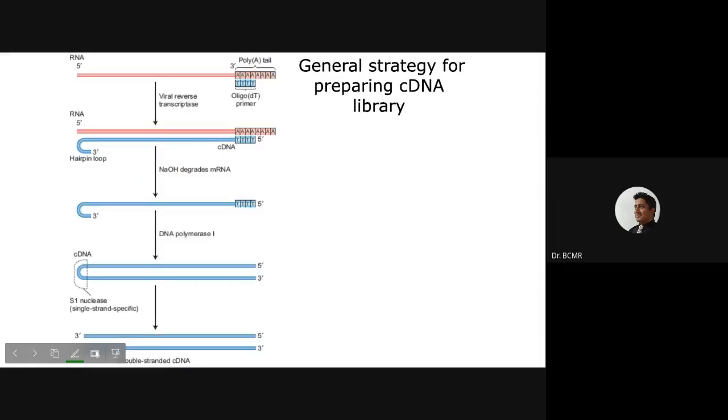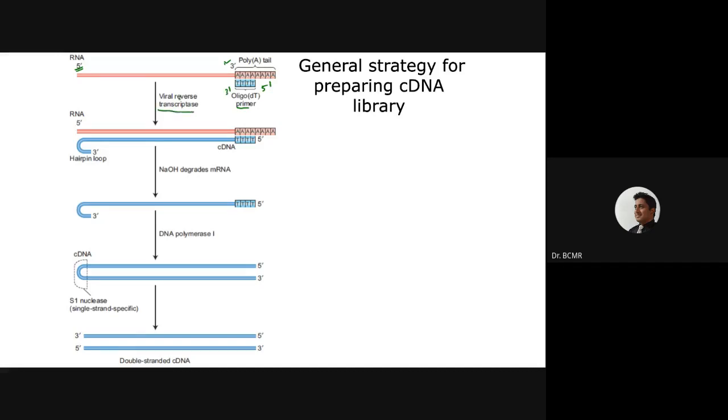This is a primitive method where this is the RNA. Always, as I mentioned, you should indicate the 5' and 3' end. A general strategy most of you must have learned already is that because you have a poly A tail, you can use an oligo-dT primer, which would have 5' here and 3' here.